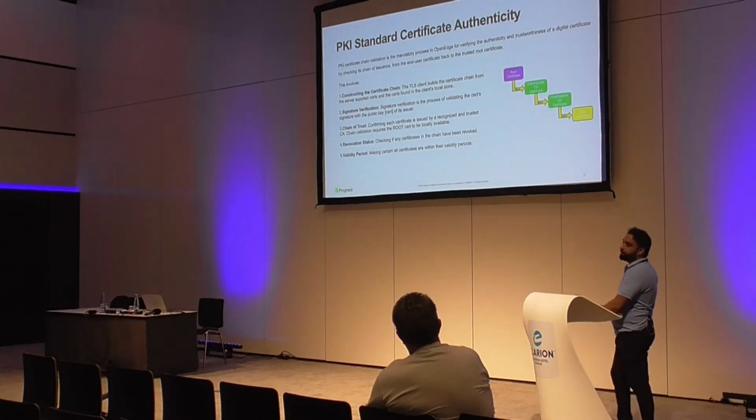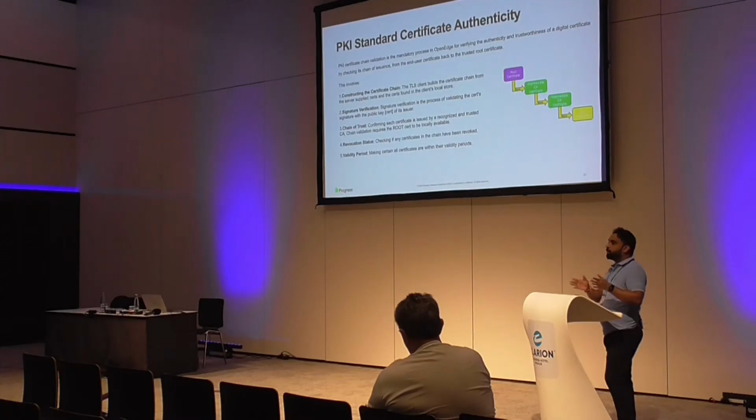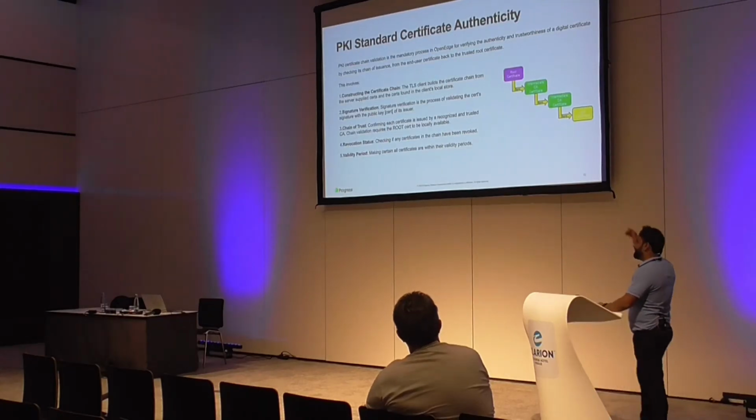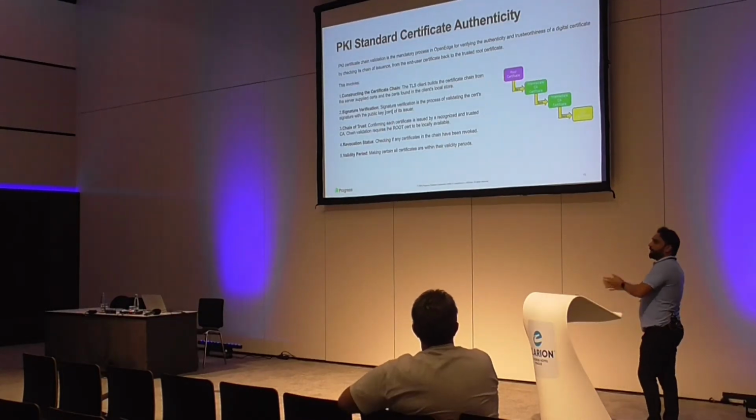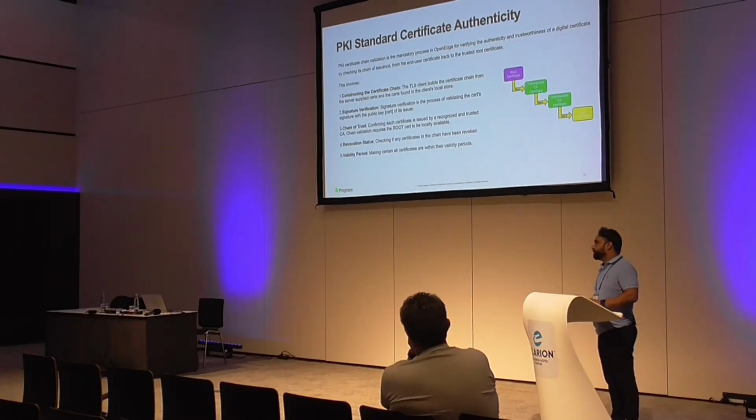First, it will try to construct the certificate chain. It has the public key of the root CA certificate, so it will use it. That certificate was signed with the private key of the root certificate, so it will decrypt it and try to get the public key of the intermediate CA certificate, so that it can go ahead and get the actual SSL server certificate.